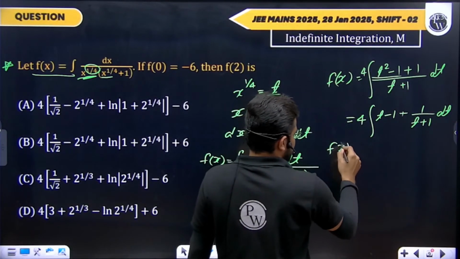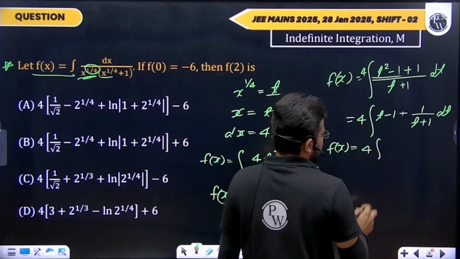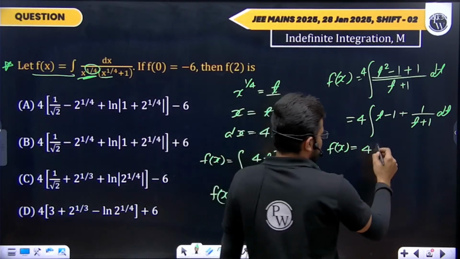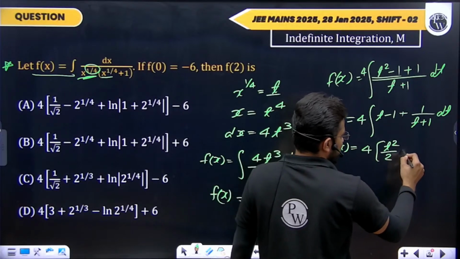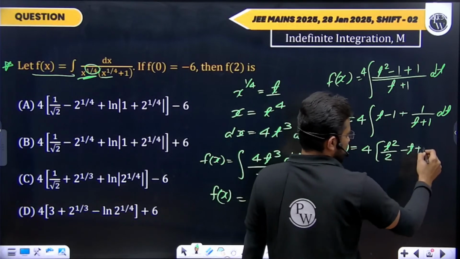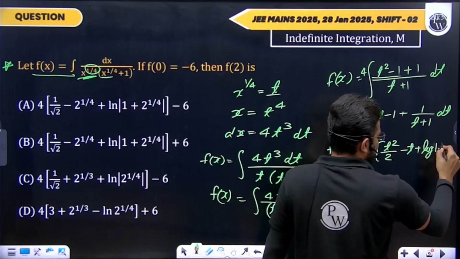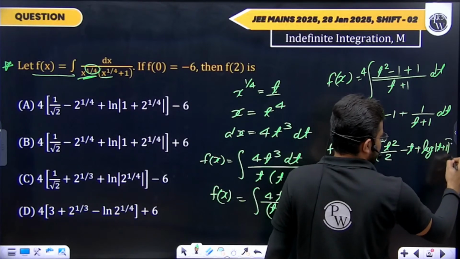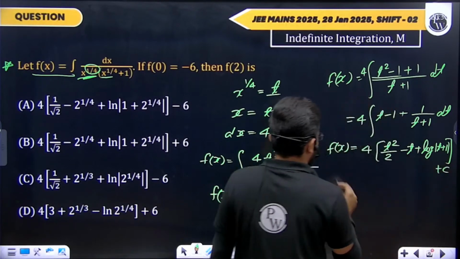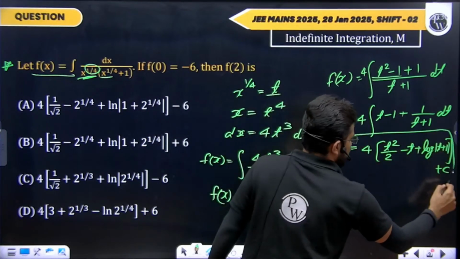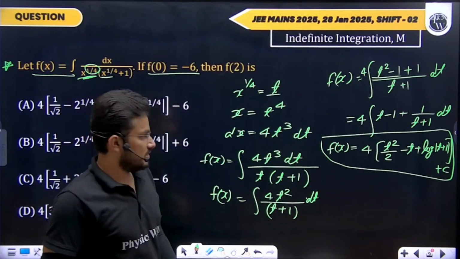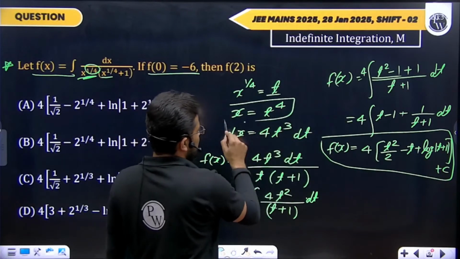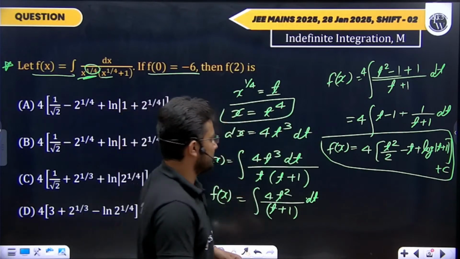f of x equals 4 times. Integrating with respect to dt gives t square by 2 minus t plus log of t plus 1, plus c. We have to calculate the value of c with the help of f of 0 equal to minus 6, and we also have to put the value of t in terms of x.